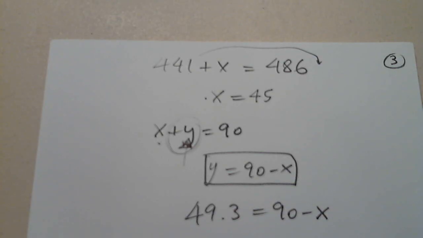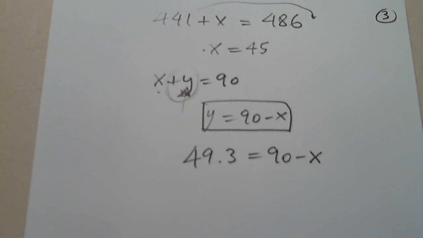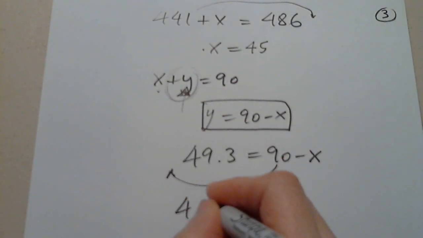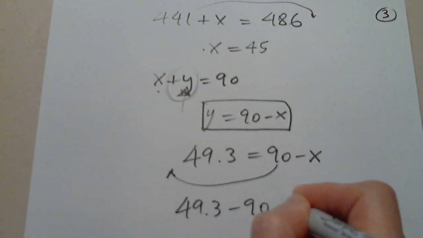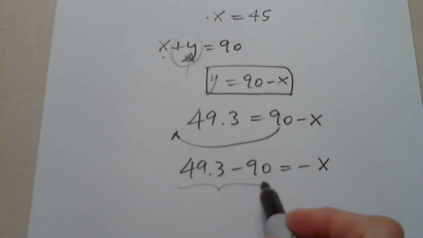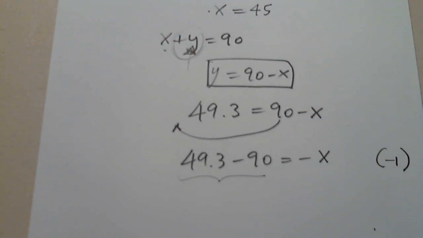Solve the equation from part B. Okay, how do I solve the equation? Move 90 to the other side. Yes, move 90, it becomes negative, so I have 49.3 minus 90 equals negative X. I perform this operation, or I can already multiply both sides by negative 1.